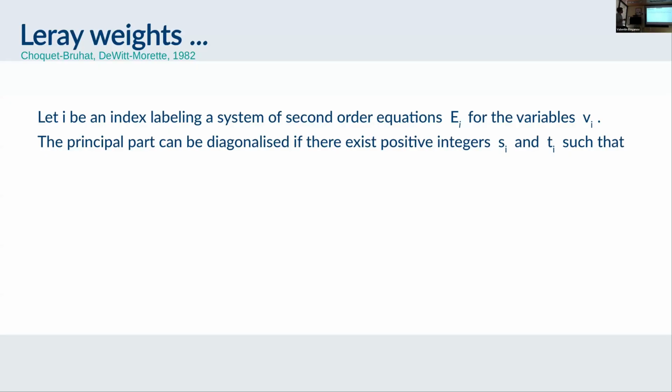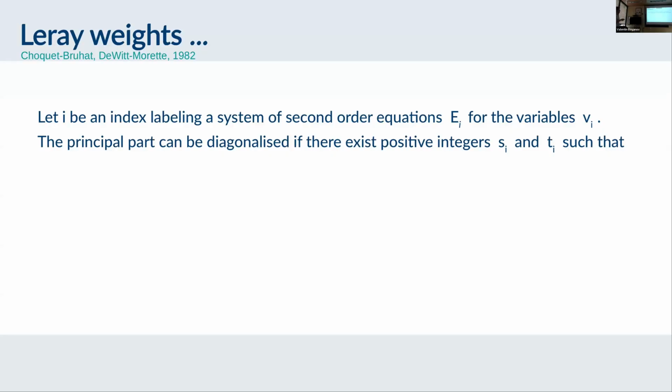So here we are going to label second order equations by an index I, and we will insist on having the same number of variables so that the equation has a reasonable chance of having a solution. And then we focus on the principal part, which means the part with the highest derivatives.